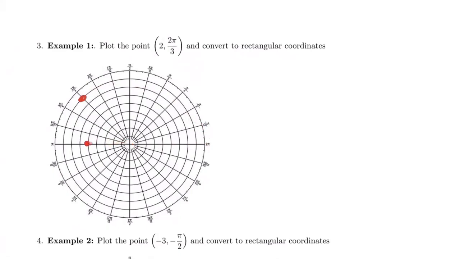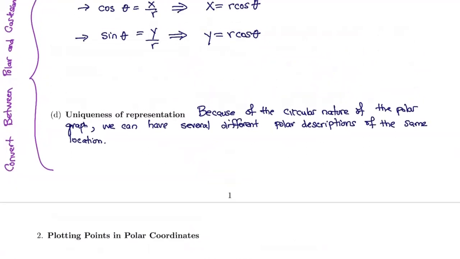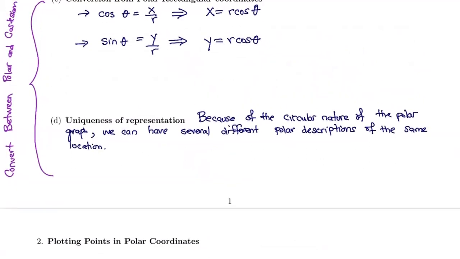You could also go out on the negative axis and go to that point in the counterclockwise direction. You could go out on the positive x-axis and go in the clockwise direction this way, or you can go out on the negative x-axis and go around this way. All of those are going to describe precisely the same point. And so we have several different ways that can describe precisely the same location.